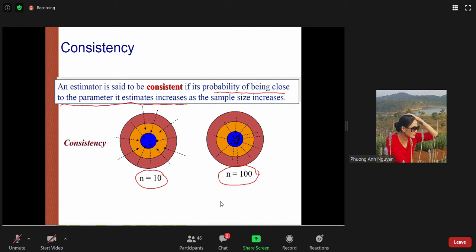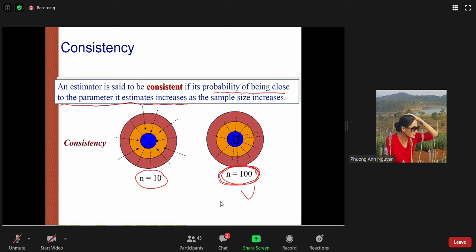results. It makes sense. But it also means that when the sample size increases, in this case greater than 10, the probability of being close to the estimated parameter increases. It means that we get a better result as the sample size increases. So in this case, the estimator is consistent, and again, it is a good property.